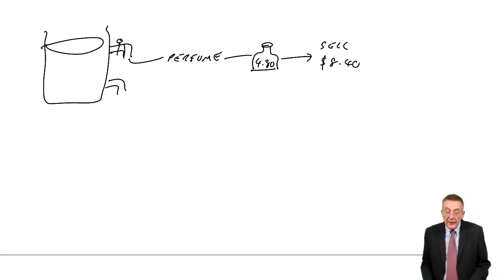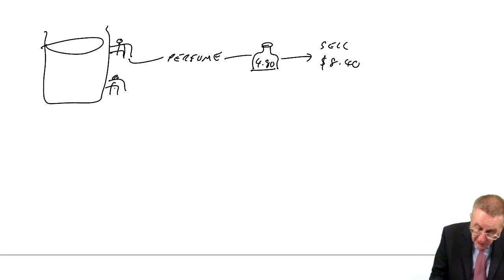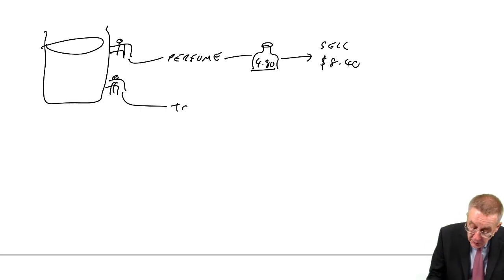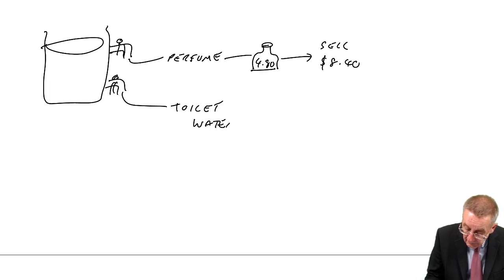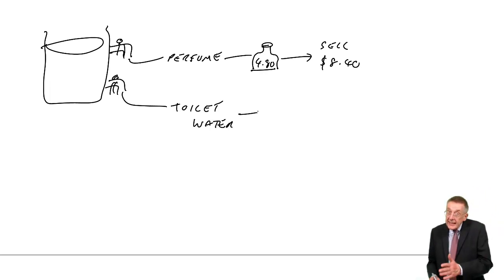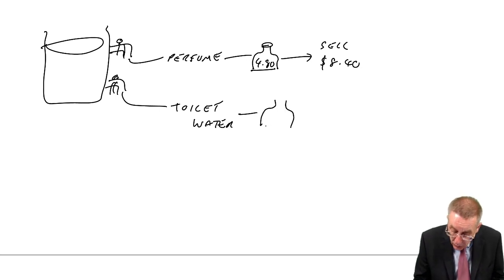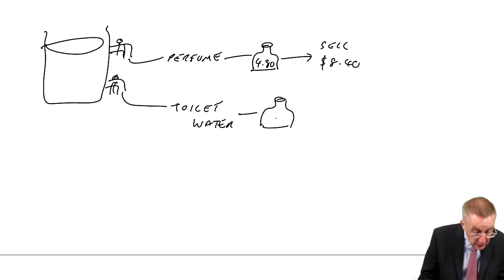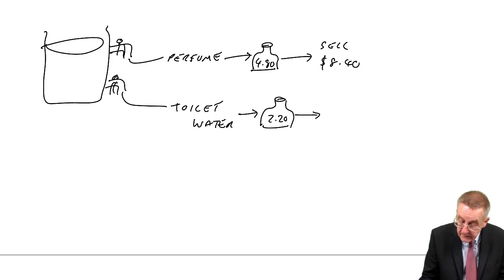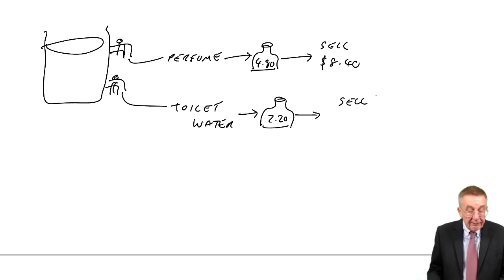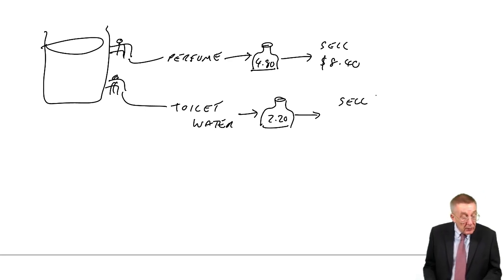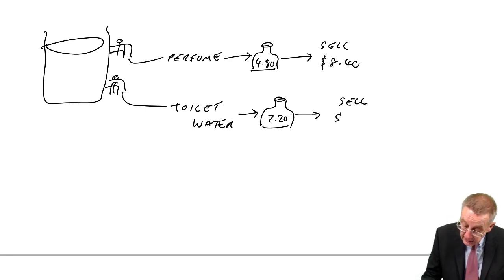It's got to be put in that bottle first. And similarly, out of the bottom tap comes our toilet water. But again, that needs further work done. That needs putting in a bottle. Its bottle only costs $2.20 further processing. And then we'll sell it, what's its selling price? $4.50.